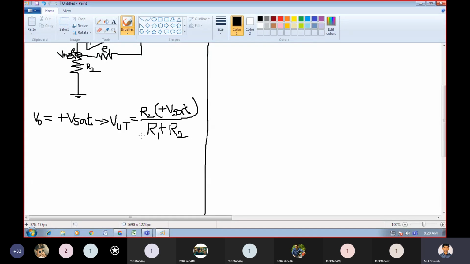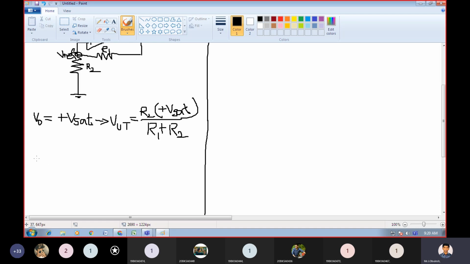So when V0 is plus V saturation, the feedback voltage is called the upper threshold voltage, given by VUT equals R2 into plus V saturation by R1 plus R2.